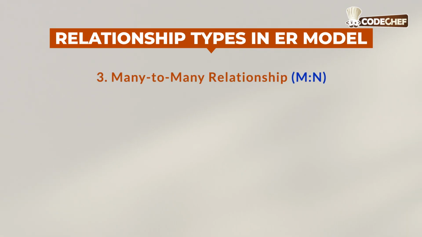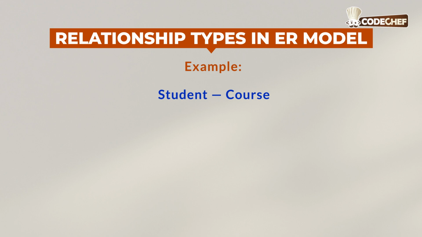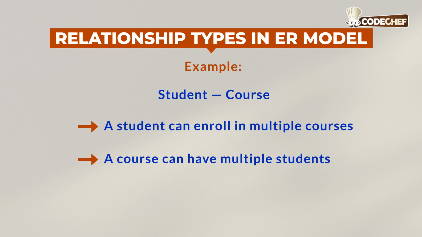Third is many-to-many relationship. We can denote it using m:n. In a many-to-many relationship, many entities from one side relate to many entities on the other side. For example, student and course. So a student can enroll in multiple courses and a course can have multiple students.